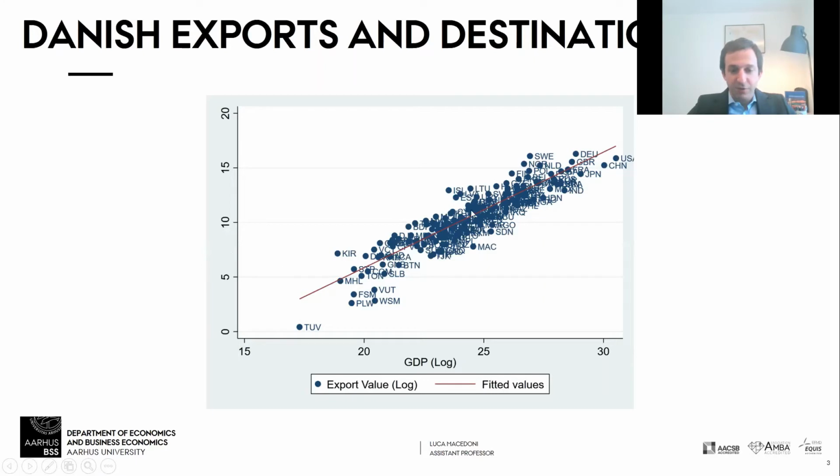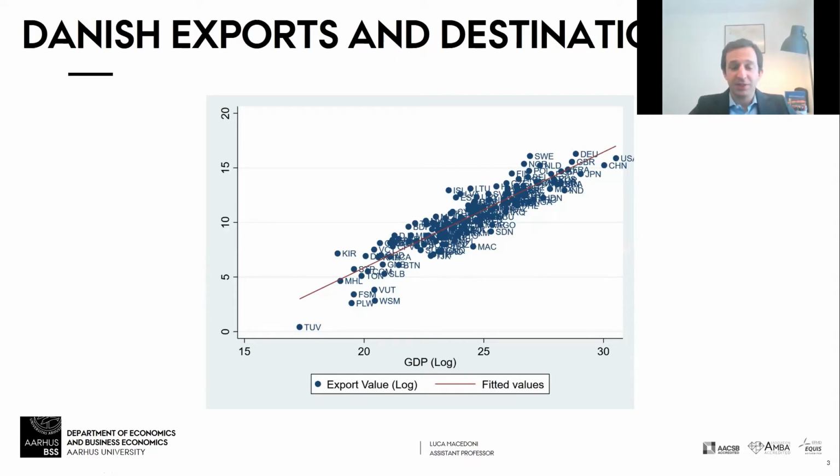And the value of exports from Denmark to these countries is plotted against the log of the destination GDP. So you see here the US is the biggest country in the world, and you have China there. And this I believe is for 6 years ago. You have Japan, Germany, the UK, France, and so on. What you see here is a beautiful correlation between the two variables, right? It doesn't get better than this with this type of macro data set. So here we're seeing that Denmark exports more to countries that are bigger.